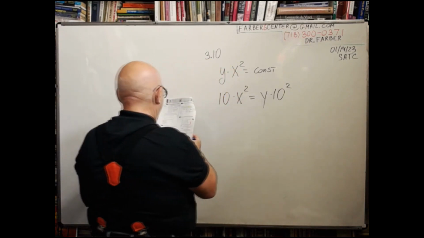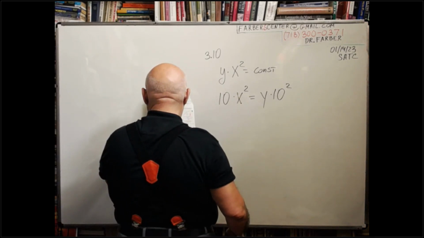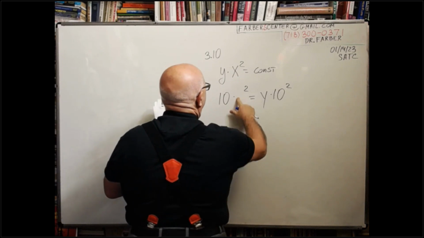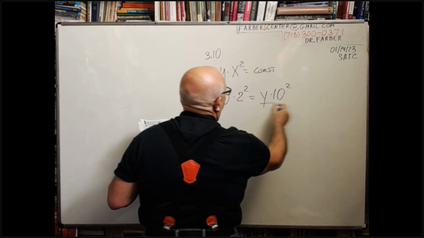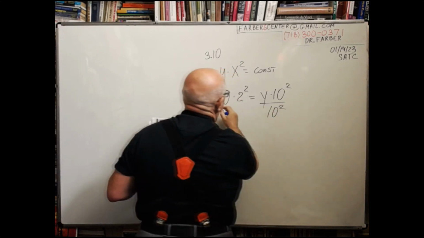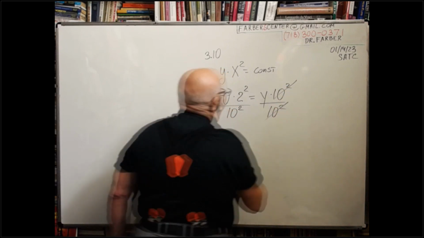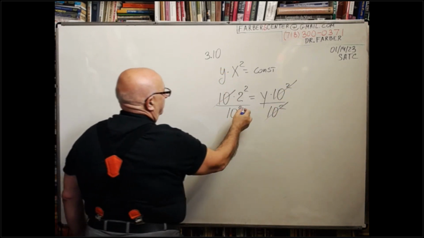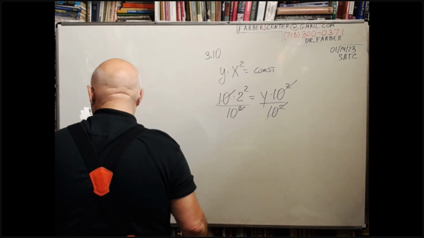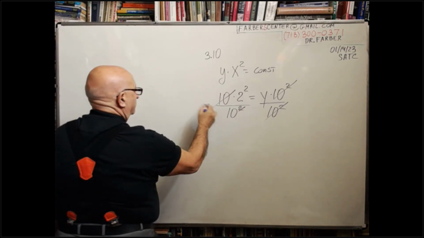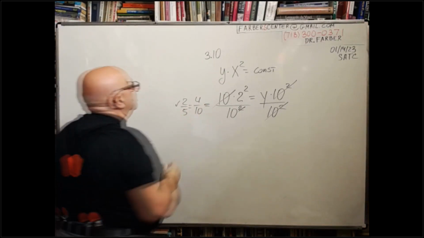So far, so good. And x equals 2, right? To make it faster, how to find y? Divide by 10 to the second power. After simplification, you easily get the answer. It's 4 over 10, or 2 over 5.